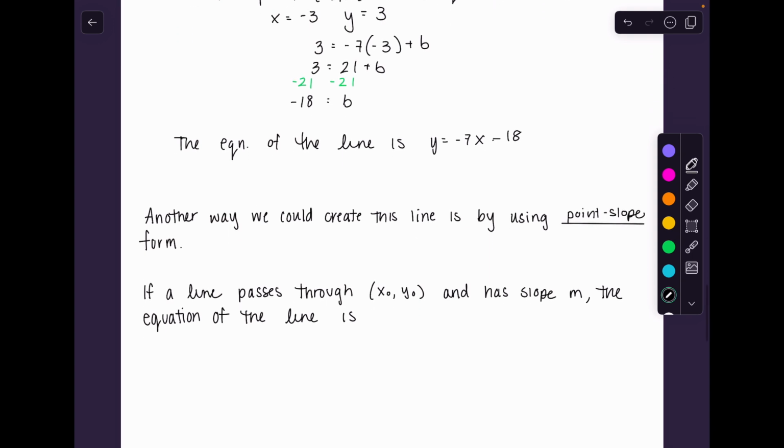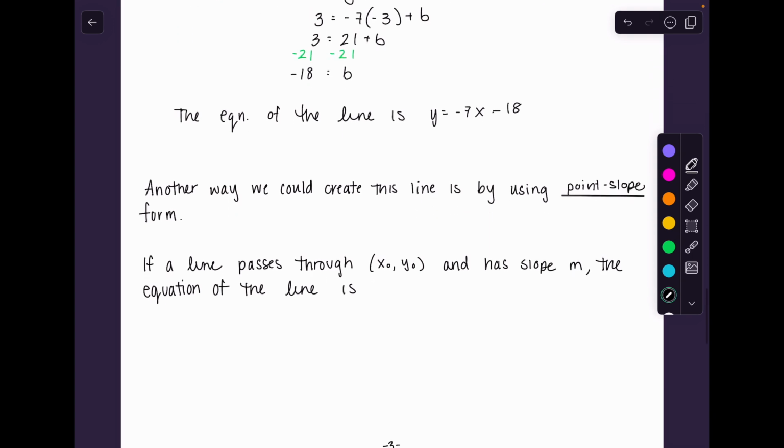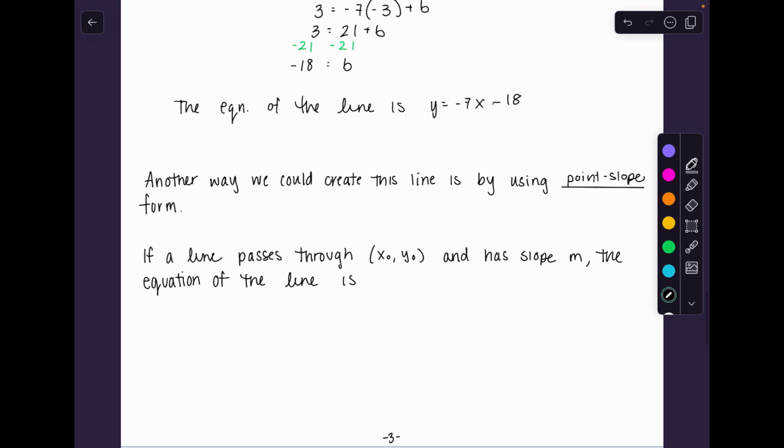So what happens is if you know a line passes through the point x0, y0, and it has slope m, then the equation of the line is actually going to be the following. It still looks kind of similar to y equals mx plus b, but it's been rearranged a little bit. So on this side, we're going to do y minus the y coordinate of the point. And this is equal to m times x minus the x coordinate of the point it passes through.